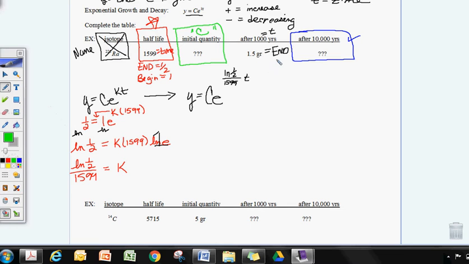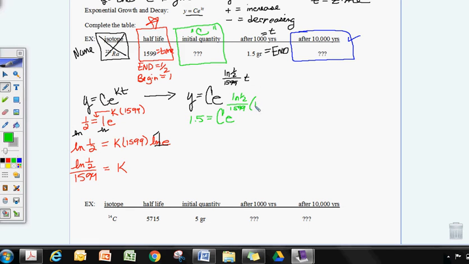So I'm going to plug that in. I'm left with 1.5. I have no idea what that C value was. E is still raised to that natural log of 1/2 divided by 1599. If you give me a decimal here, and you round incorrectly or don't round far enough out, it will significantly change the answer. So we've got to leave it in exact form.